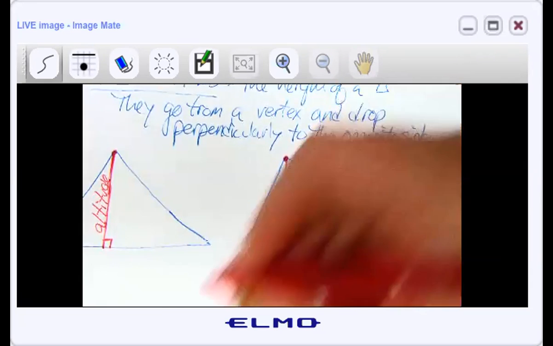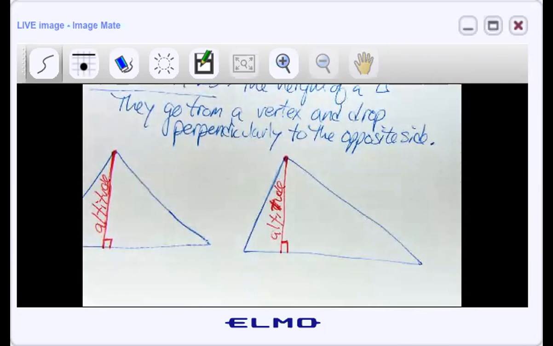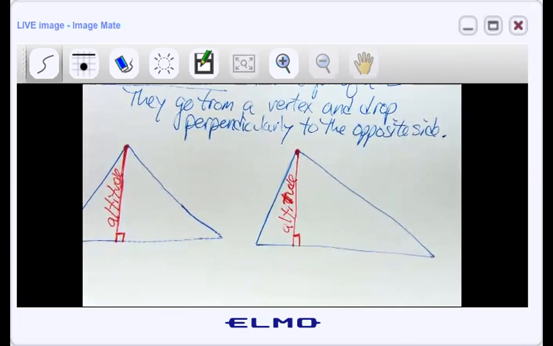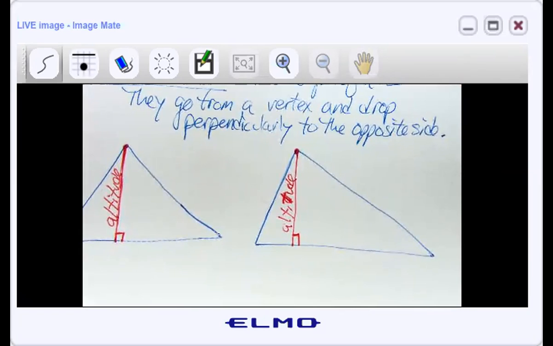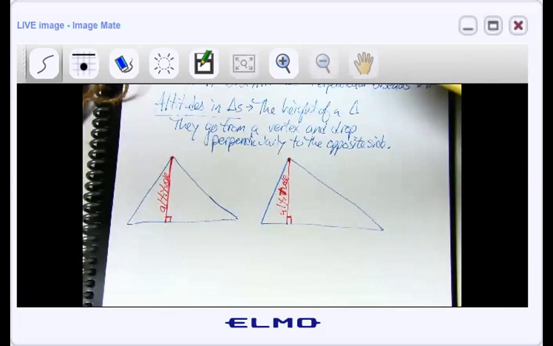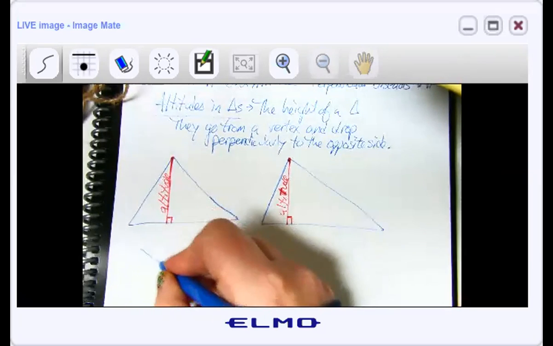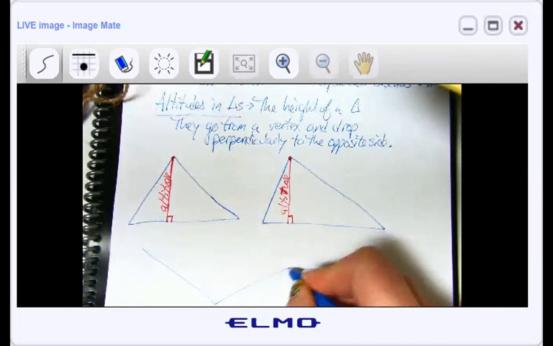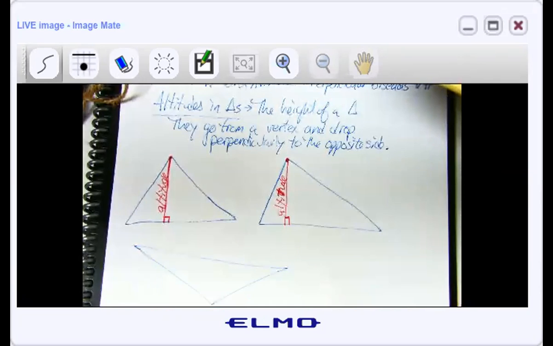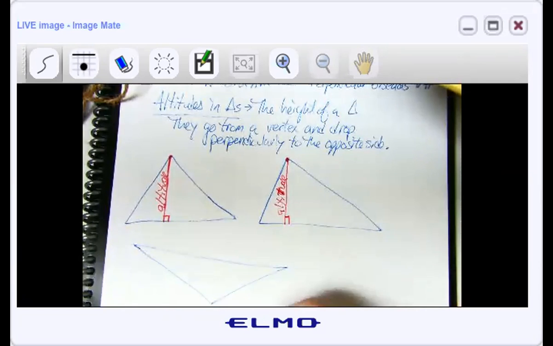Now the altitude doesn't always have to be drawn vertically up and down like this. So let me draw you another triangle and we can drop it from another location. I'm going to draw you an obtuse triangle here. Oh, you know what? I don't want that one. Sorry.